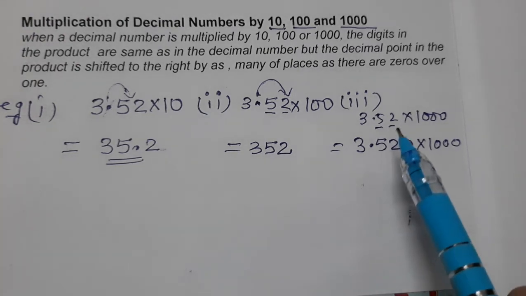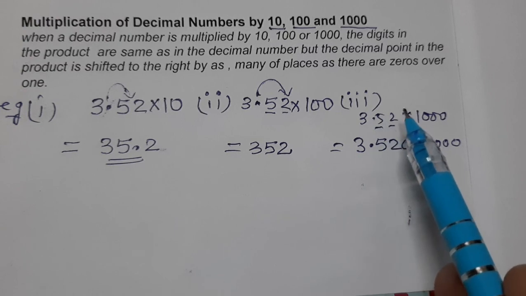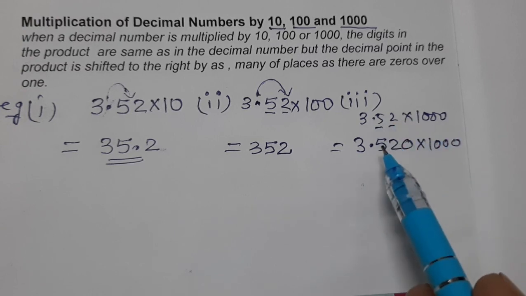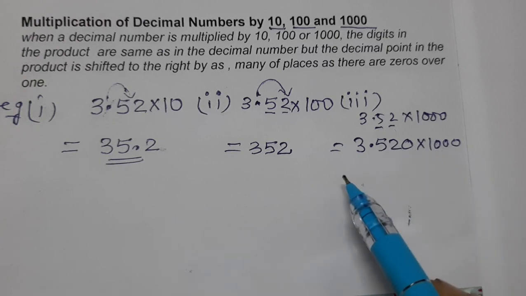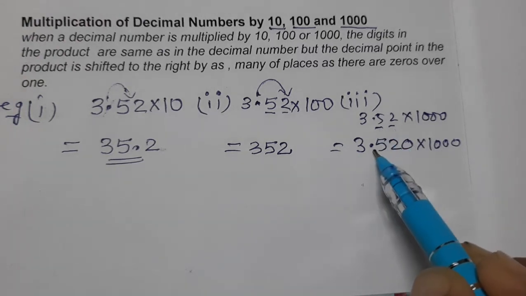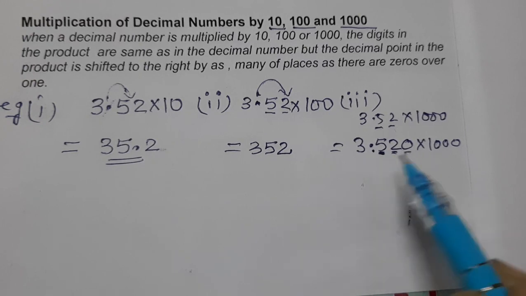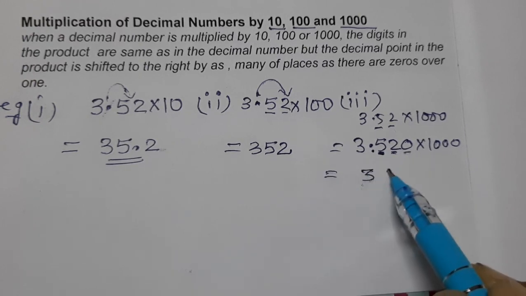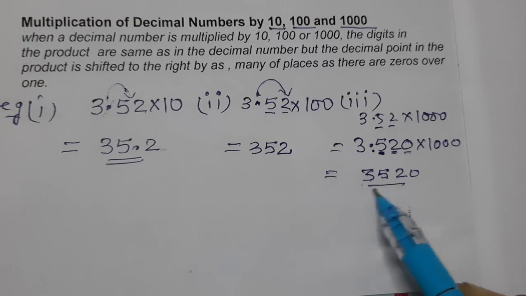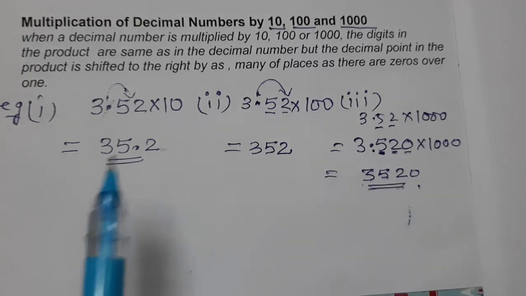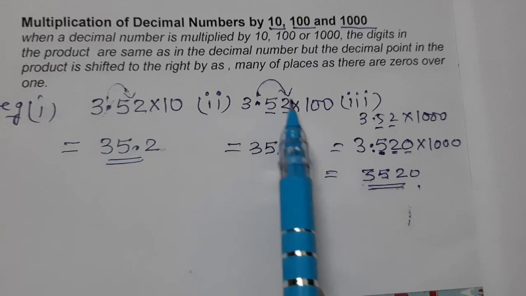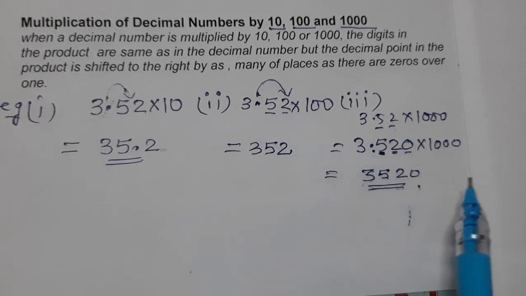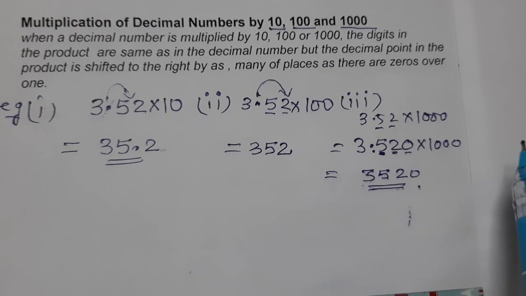So if you are unable to see the next digit, put 0. So when we are multiplying by 1000, the decimal will shift 3 places. 1, 2, 3. So the answer will be 3520. So children, in 10 the decimal will shift 1 place, in 100 2 places, in 1000 3 places to the right, and in 10,000 4 places, and so on.